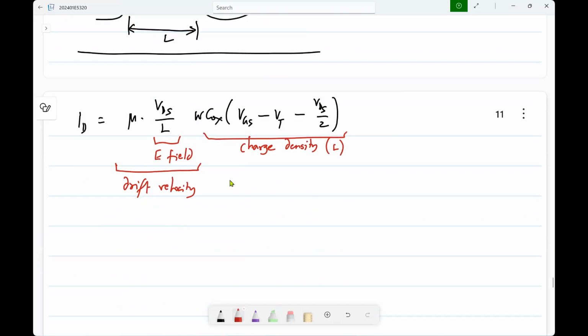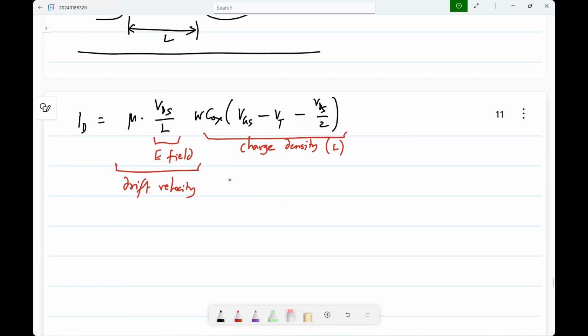Okay. Now what happens is, what is saturation? Saturation is when this charge density stops being dependent on the drain voltage. Okay. So at that point, actually here also what matters is not this VDS, but as I said, that side is off.